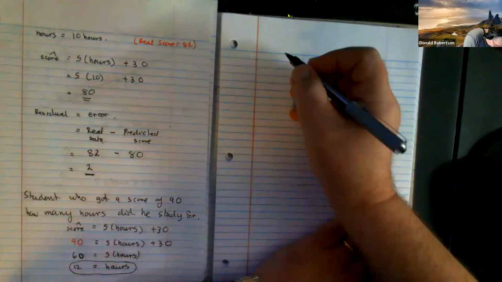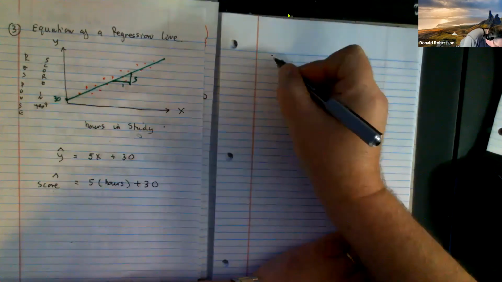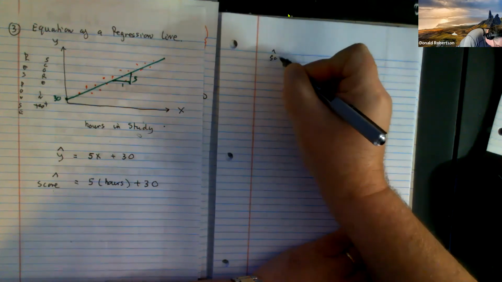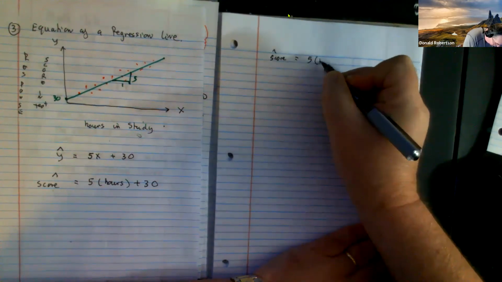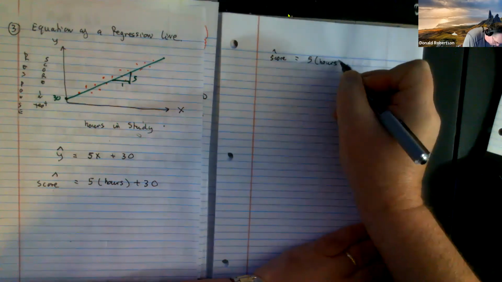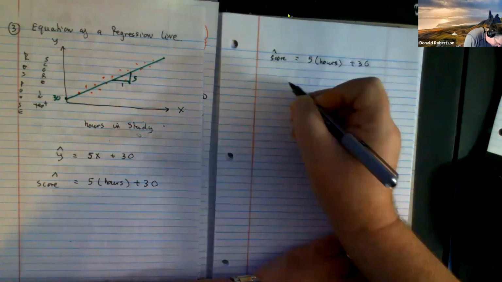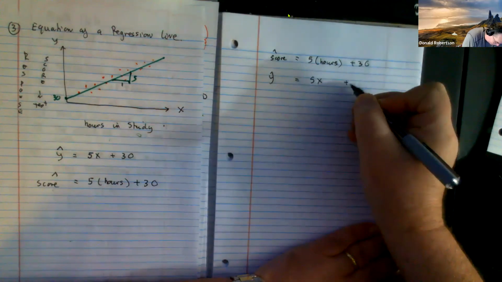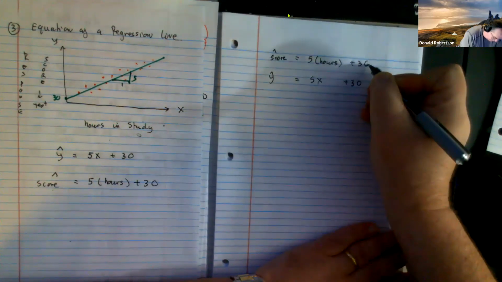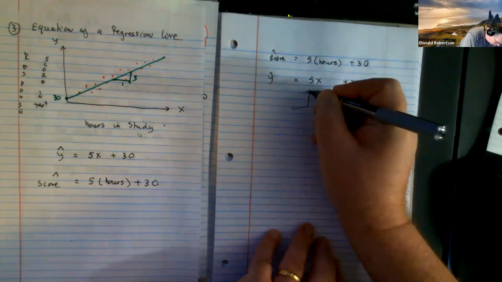So let's look at this formula in a different way. Actually, I want to keep this picture. So we have the predicted score is 5 times the hours that they studied plus 30, and also written as this. There are two numbers here.